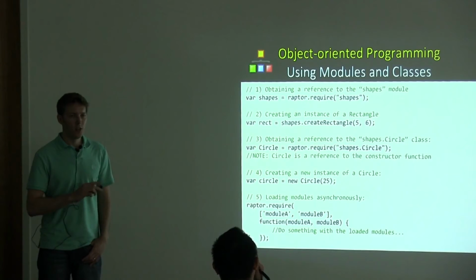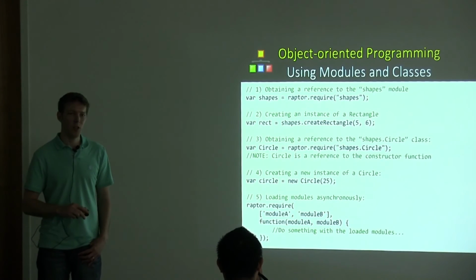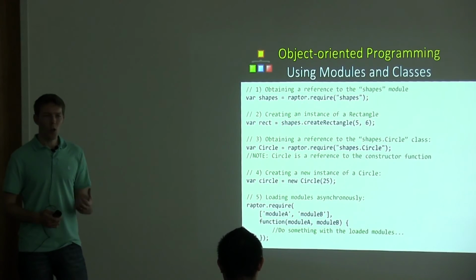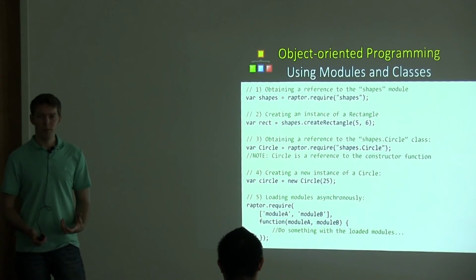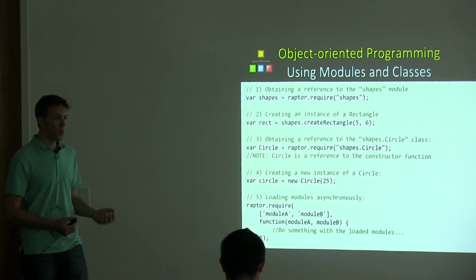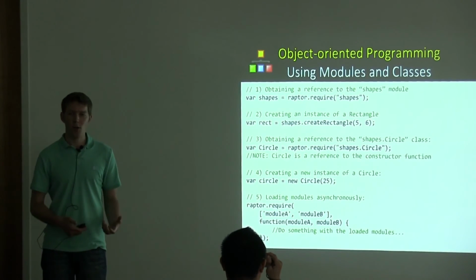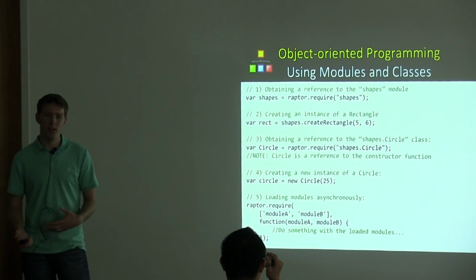And lastly, I want to show you the code for doing asynchronous module loading. The code in these examples all assumed that everything was already loaded, so the code has already been sent down to the browser or is already loaded into your JavaScript environment. But you may also have to handle the case where you want to use a module and you don't already have the code loaded.